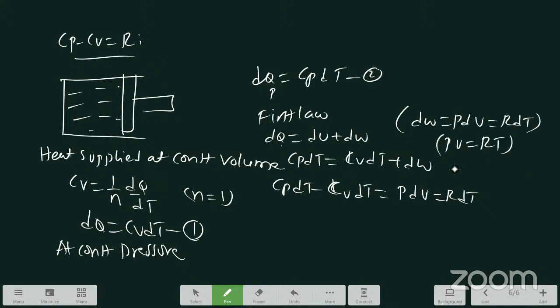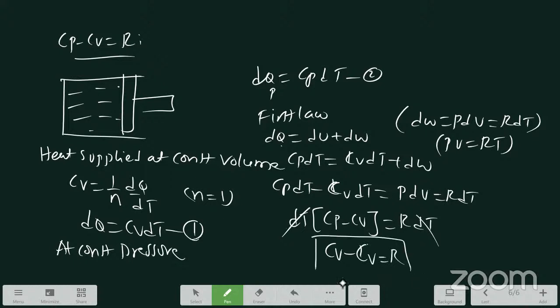Now see, dT is common. Cp minus Cv is equal to R dT, dT cancel each other. This is the short way for Cp minus Cv is equal to R.